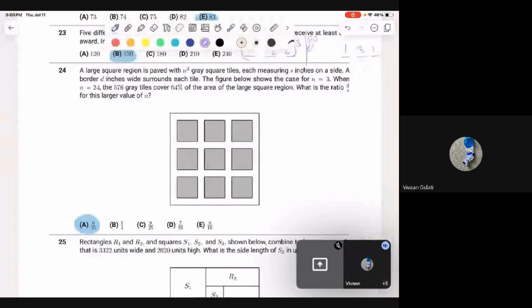I'm just going to go, plus 25d, because that's the border, that's the area of the whole square, and then that's 24 squared s squared over (24s plus 25d) whole squared equals 64% of everything.